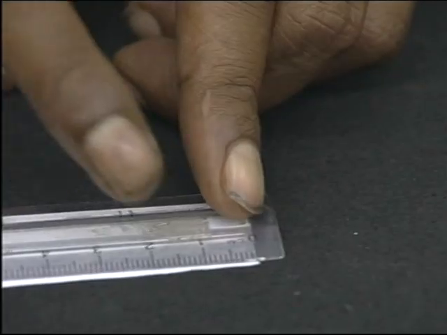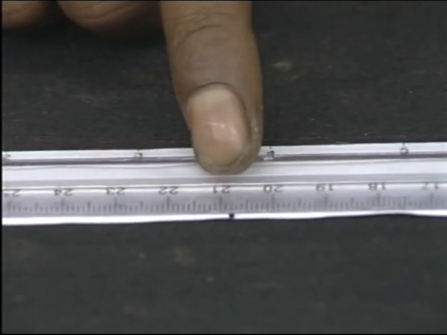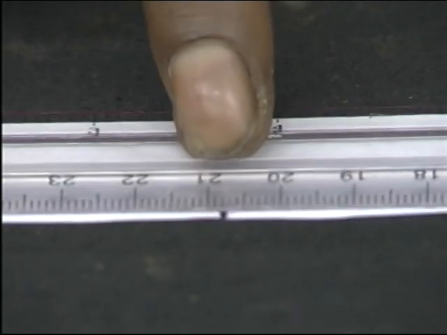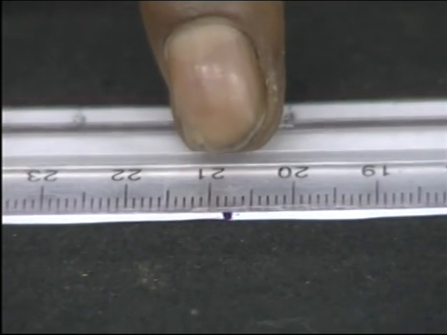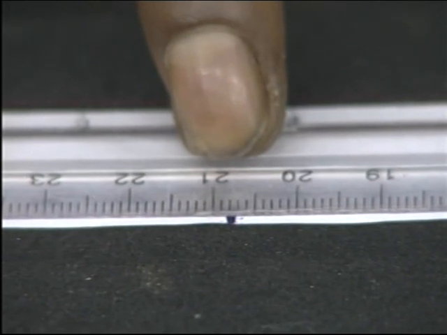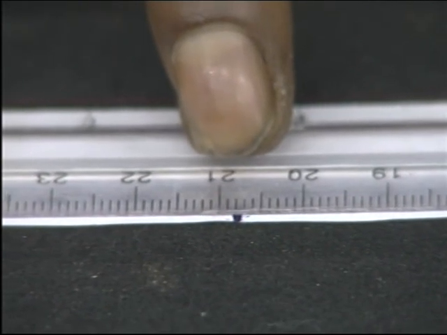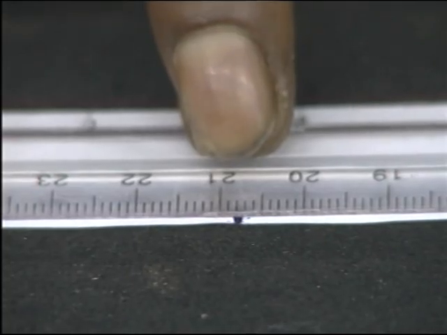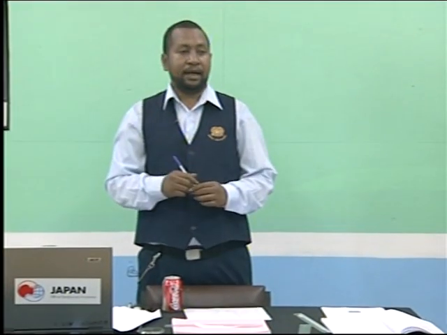You should have your reading of the circumference of the cylindrical object, placing the strip of paper next to the ruler. So my reading says it is 20.8 centimeters. You should have your reading as well, the circumference of the cylindrical object, and you write your reading on the table.